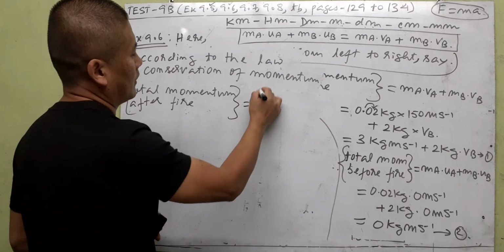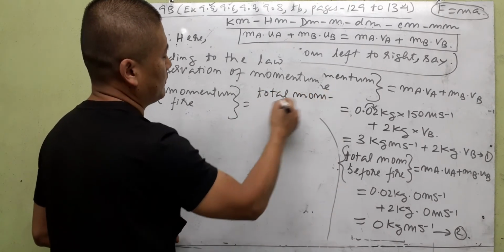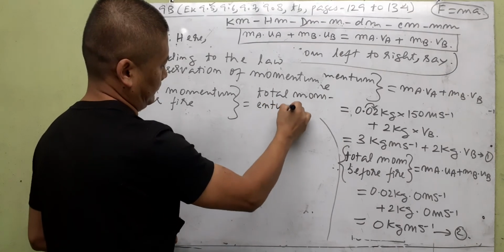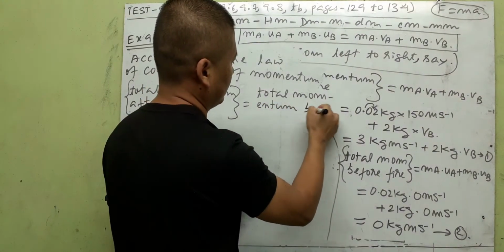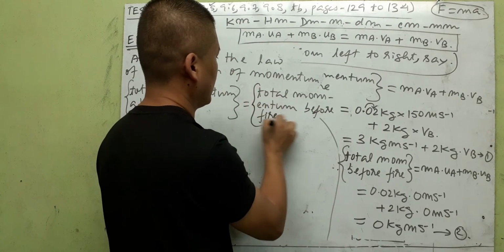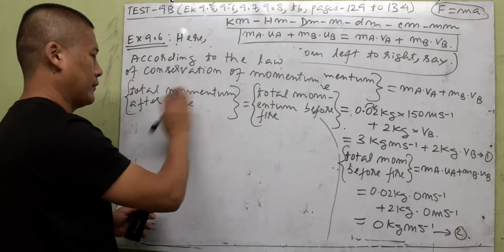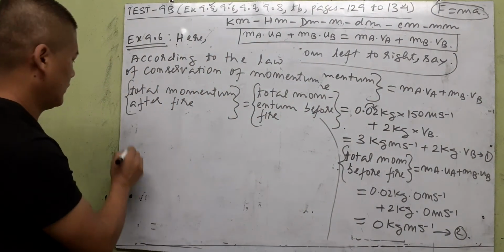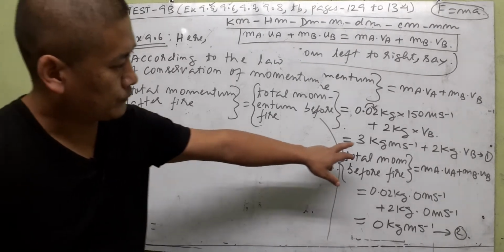Equal to total momentum before fire. So it's up to you. If you write before fire on the right side, then after fire on the left. If after fire on the side, before fire on the left, up to you. Now here total momentum before fire, after fire is here, this one.